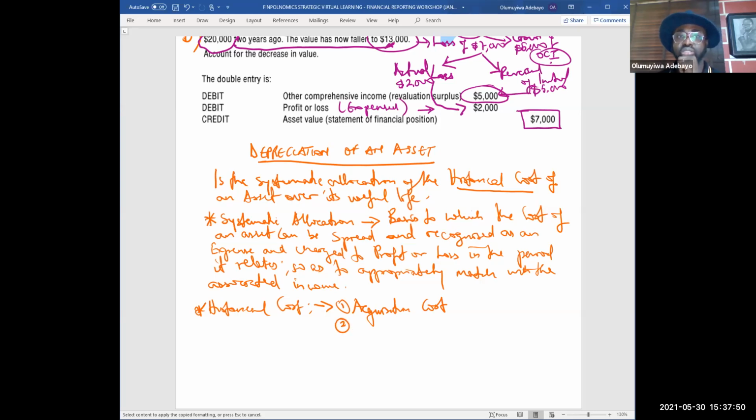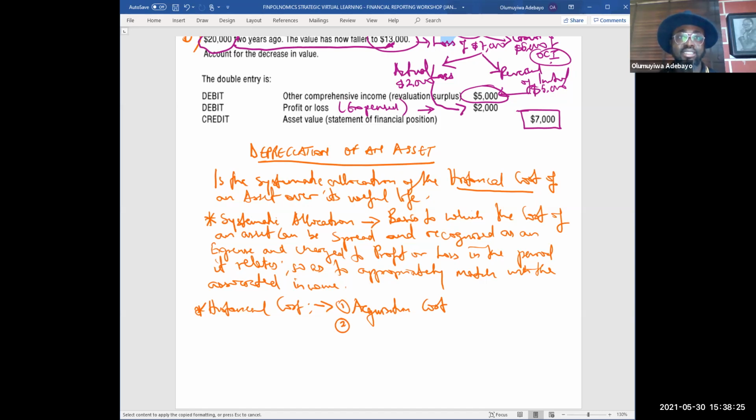In this case, assume that there is no residual value, which means the entire cost will be consumed over the useful life of the asset. But where the entire cost will not be consumed over the useful life, it means there is a portion that will be salvaged or realized by way of disposal after using a substantial part of the life of the asset.